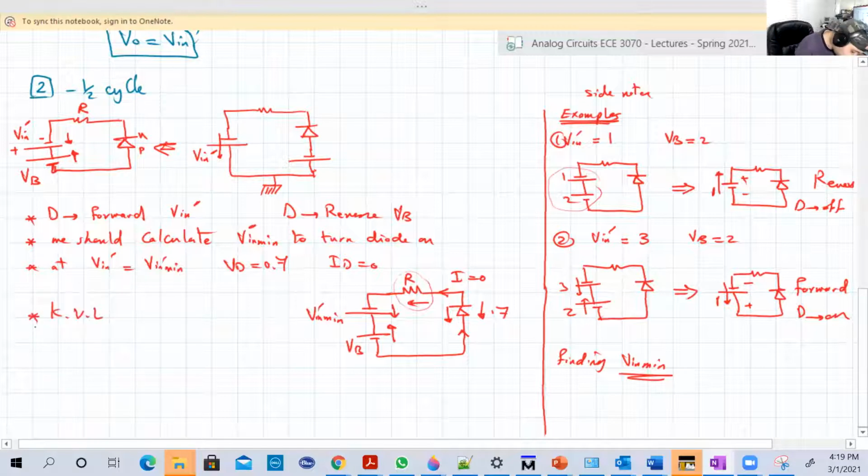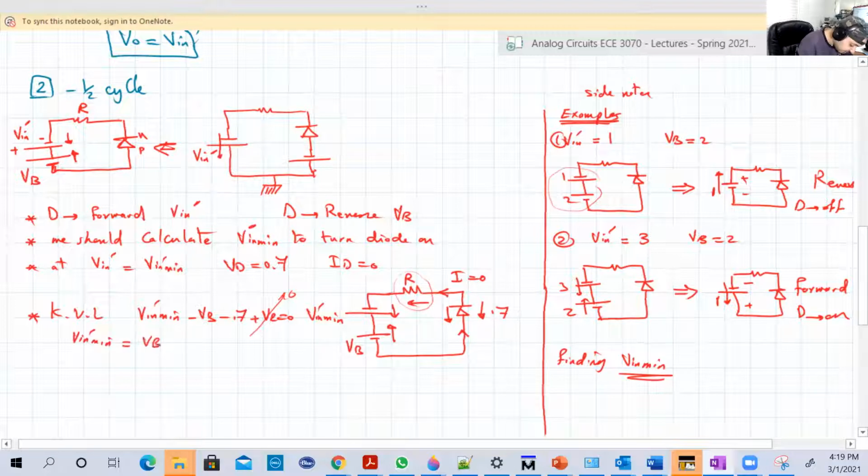I'm gonna find that Vn dash minimum minus Vb minus 0.7 plus Vr equal to 0. Remember, Vr is 0 because I is 0 and I times R is 0. So Vn dash minimum is equal to Vb plus 0.7.